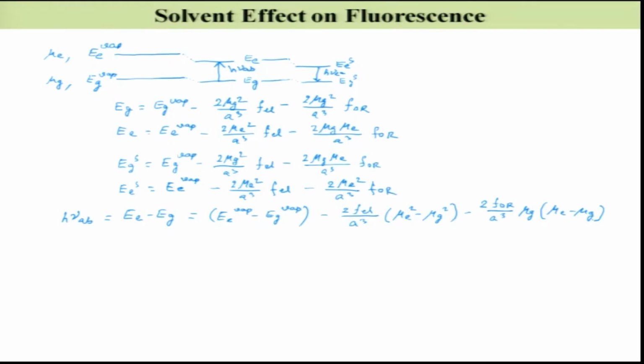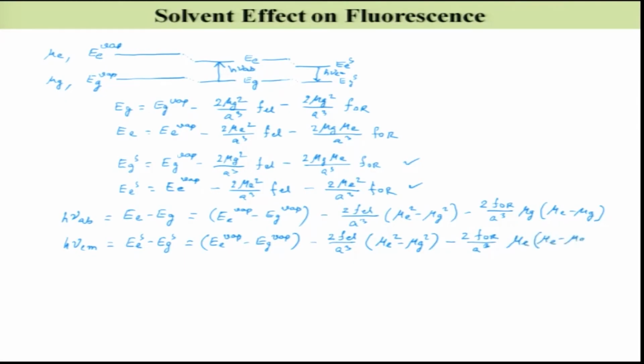And similarly, I can calculate h nu emission. h nu emission is equal to E E S minus E G S, which is equal to E E vapor minus E G vapor, minus twice f E L by a cube times mu e square minus mu g square, minus twice f O R by a cube times mu e into mu e minus mu g.